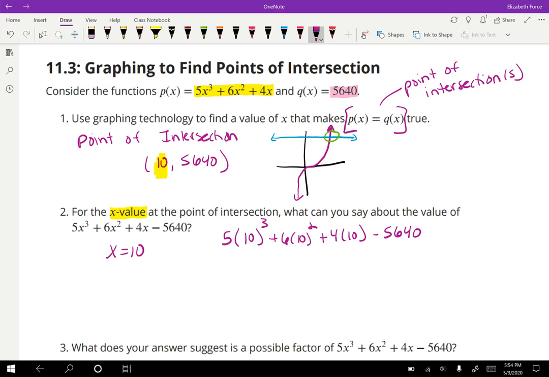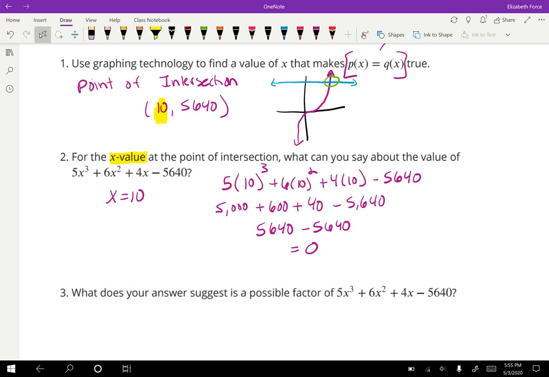That's 1,000. 1,000 times 5 is 5,000. Plus 10 squared is 100. 100 times 6 is 600. 4 times 10 is 40. 5,000 plus 600 plus 40 is another way to write 5,640. So you're probably already seeing what's happening here. We got a 0.